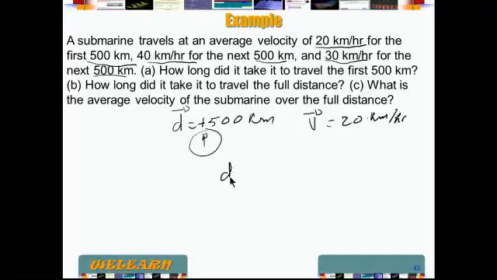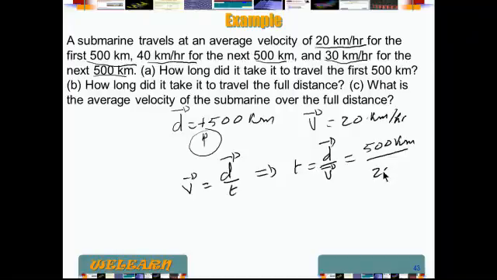Remember the expression relating displacement and velocity. So I'm solving for the time. From this equation, I have time is equal to displacement over velocity. So in this particular case, that's going to be 500 kilometers over 20 kilometers per hour.